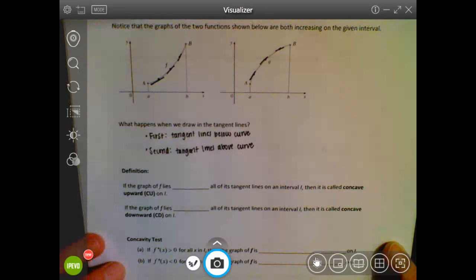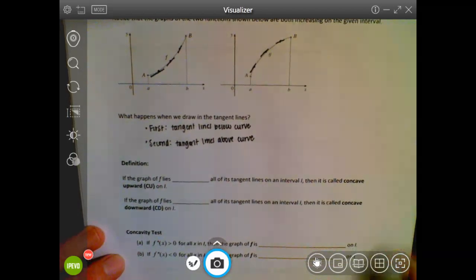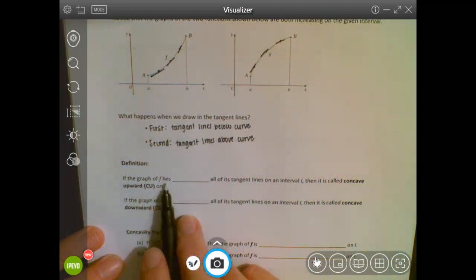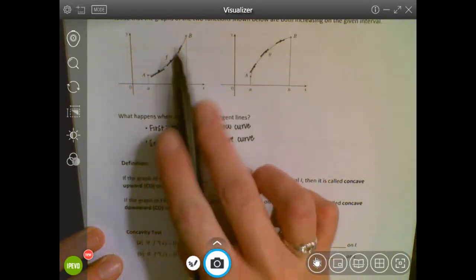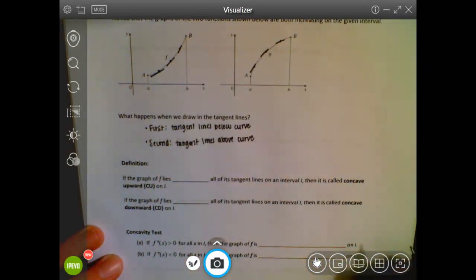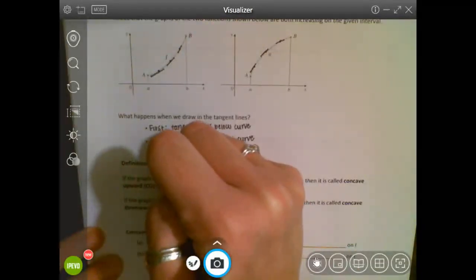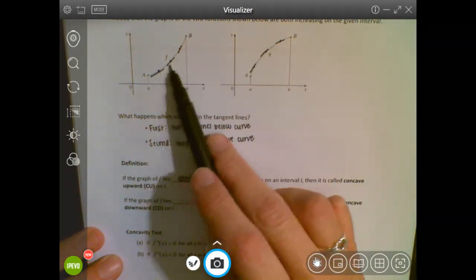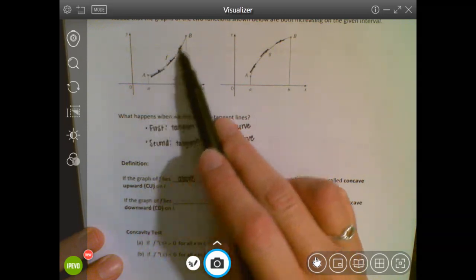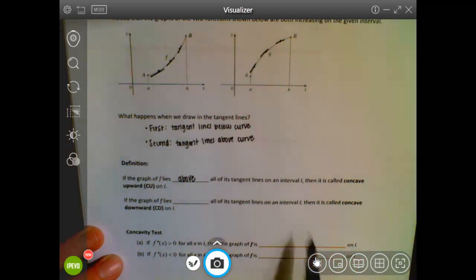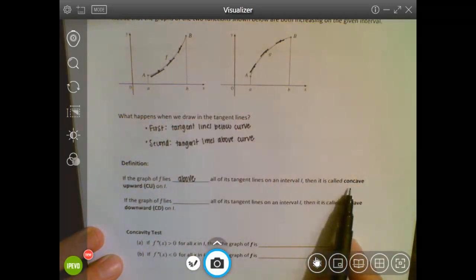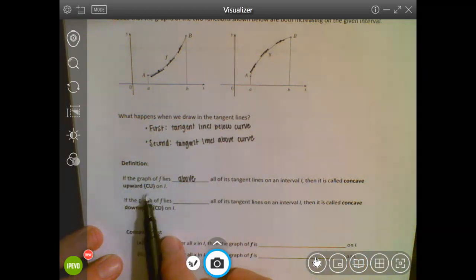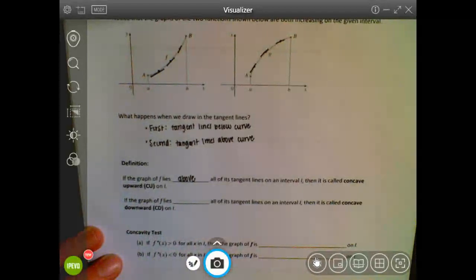The definition of concavity says that if the graph of the function f lies above all of its tangent lines, meaning if I drew the tangent lines below the curve, my f is lying above those tangent lines, then we call the curve concave upward, abbreviated as CU on the interval.